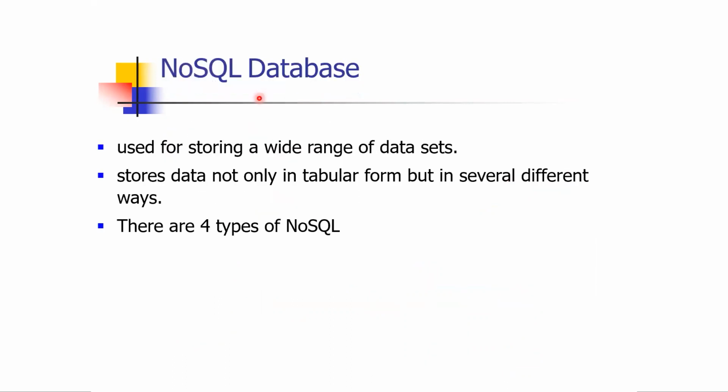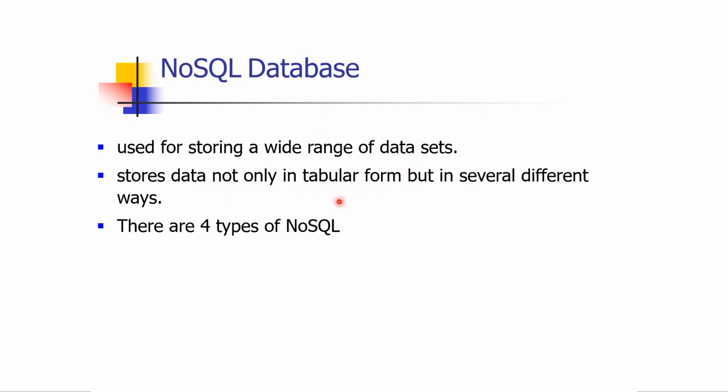Next is the NoSQL database. NoSQL database is used for storing a wide range of data sets, meaning we have a lot of data. Here, data is stored not only in tabular form but in several different ways.